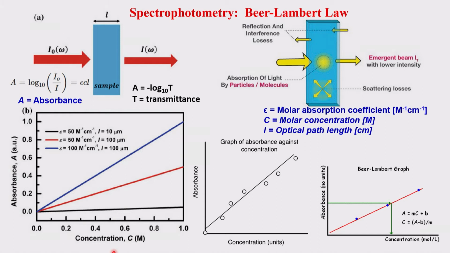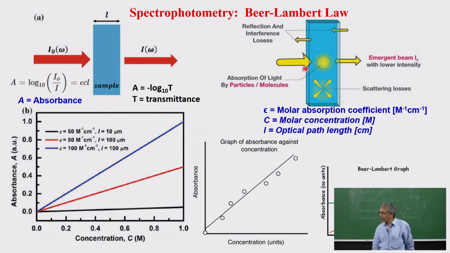Okay, so whatever we have seen, when light falls on the cuvette, you take this as your cuvette, you have a sample inside, as if this is a kind of particle or material, though it is not that big, just shown here.